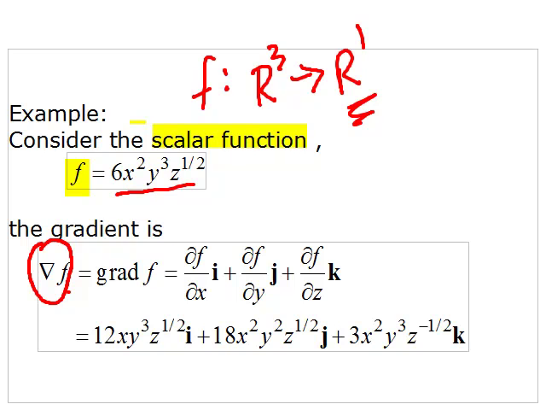The result is a vector: partial of f with respect to x in the i direction, partial of f with respect to y in the j direction, partial of f with respect to z in the k direction. So when you take those partials, you get 12x y cubed z to the 1/2 in the i direction, and also you just take those other partials for the j and the k.